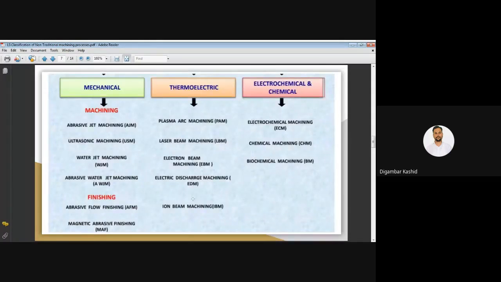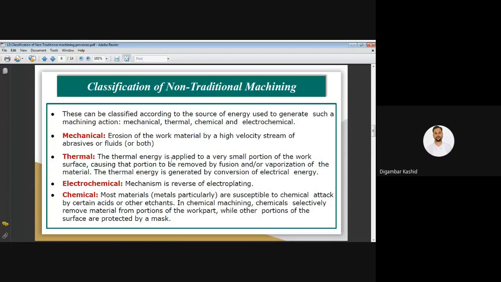This classification is based on the energy domain which is used for machining action, or we can say according to the source of energy which is used to generate such a machining action.